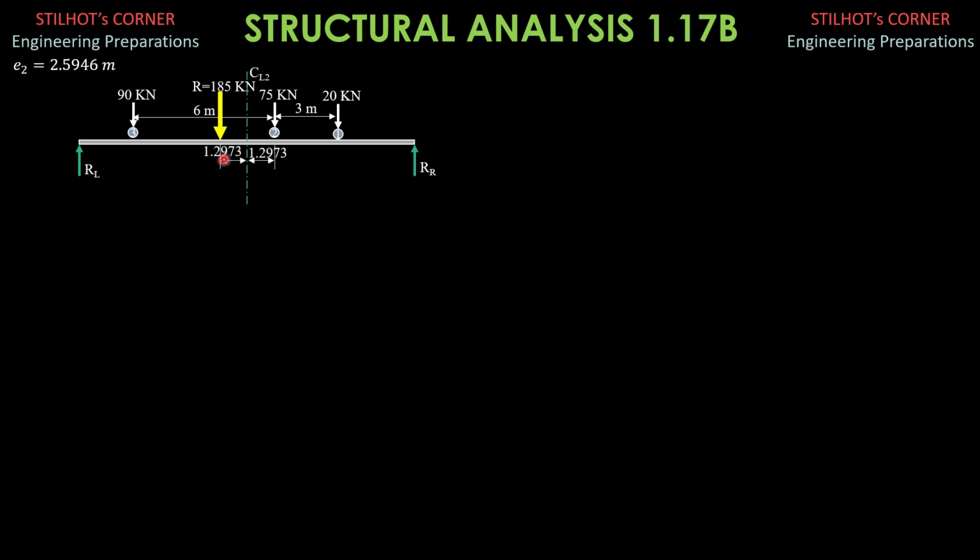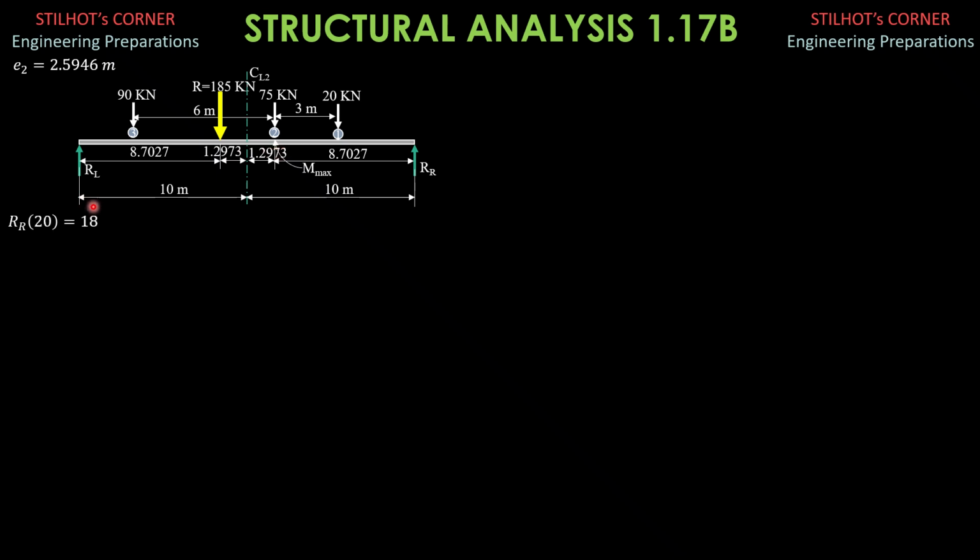Since the span is 20 and half is 10, therefore the resultant and this load 2 here would be equidistant from either support end, and that is 10 minus 1.2973, 8.7027 meters. To solve for the maximum moment under load 2, we consider the entire system, summation of moment about the left support equals 0. So that's the expected location of maximum moment.